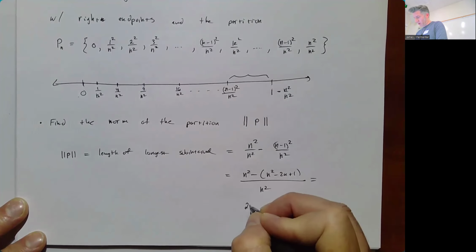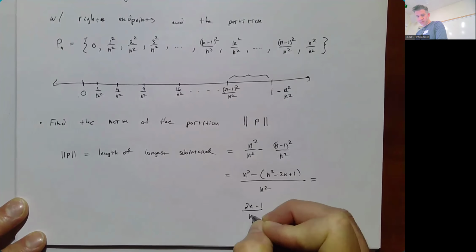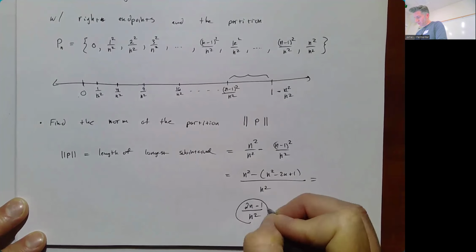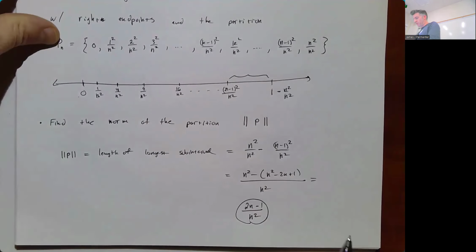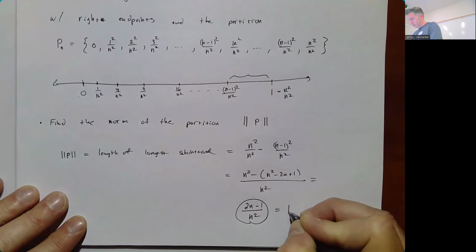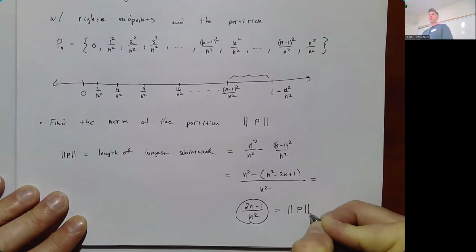We get positive 2n minus 1 over n squared. Cool. And then you can say, well, we'll back up, we'll come back to this. So this is the length of the longest, the norm of our partition.